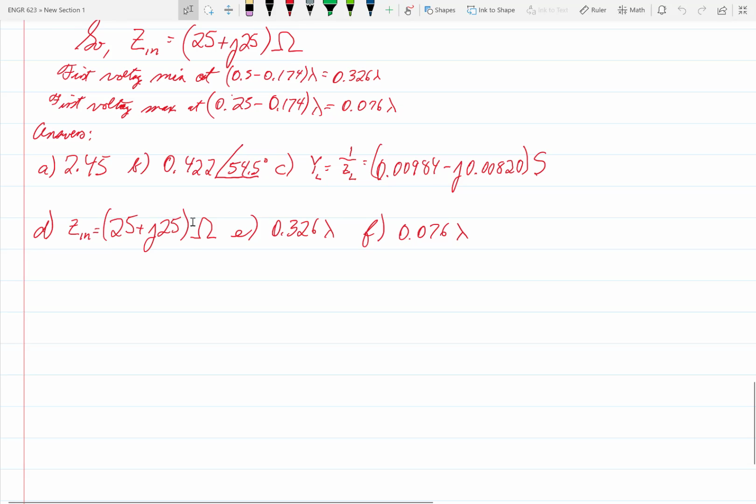The input impedance, we said we got an estimate of 25 plus j25 ohms. Distance to the first minimum is 0.326 lambda. Distance to the first voltage maximum is 0.076 lambda. And that's how we use the Smith chart to solve problem 220.